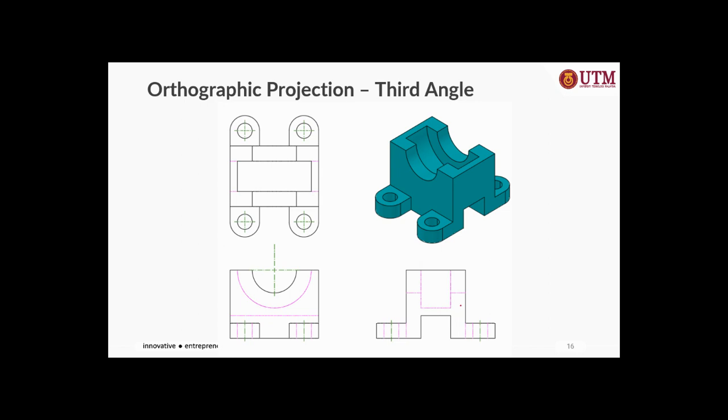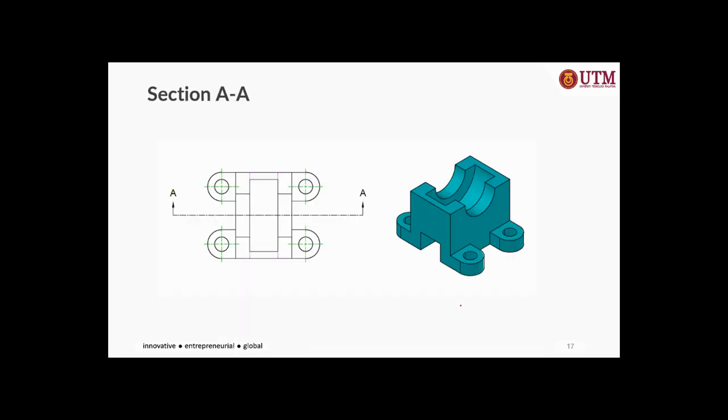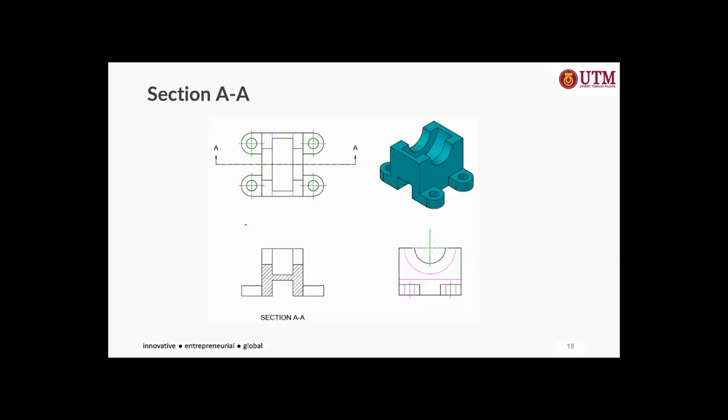Now, when we want to do a section view, let's say I want to cut the equipment through section view AA. So we want to cut from the middle of this equipment. So what do we see? Based on what we discussed just now, the answer is such. Because the direction of view now is this, when we cut, we take away the front part and we only see whatever is left over.